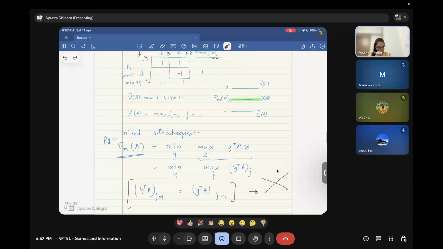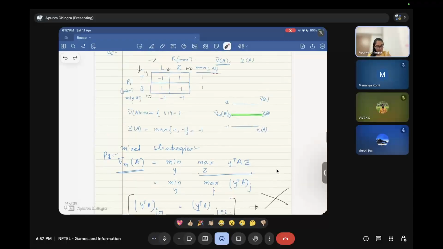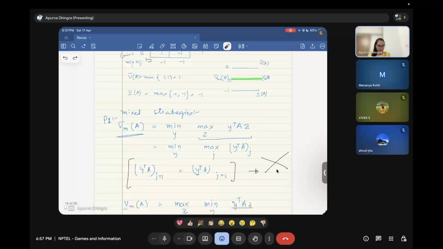If it is over z, you just take z to be either 0 or 1, so for any particular strategy the value has to be 0 or 1. Meaning you're fixing one of the columns, then you're calculating the expected utility for that fixed column, and then you're repeating that for all the columns.